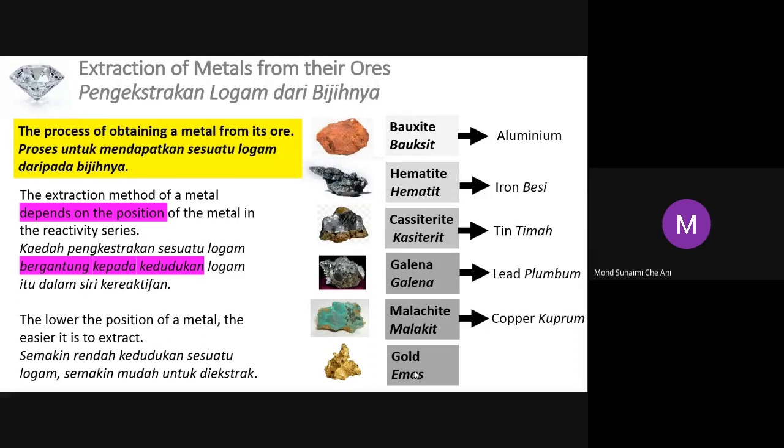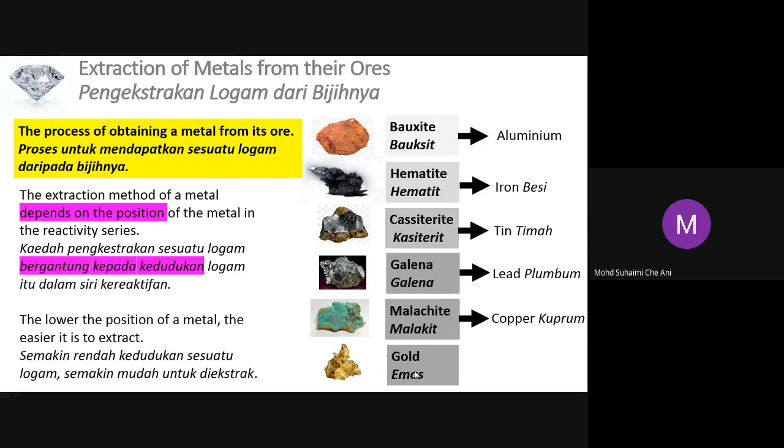They want to get another substance to attach to. Dia nak bergabung dengan substance lain sebab dia sangat-sangat reaktif. So kena ambil method yang lebih susah untuk nak mengasingkan this kind of ore, this kind of mineral, nak mengasingkan logam daripada biji dia lah.